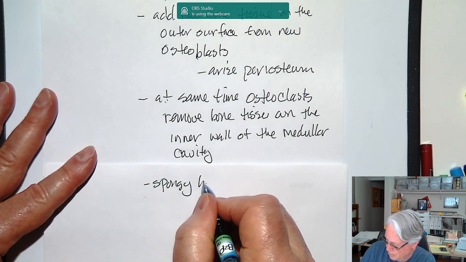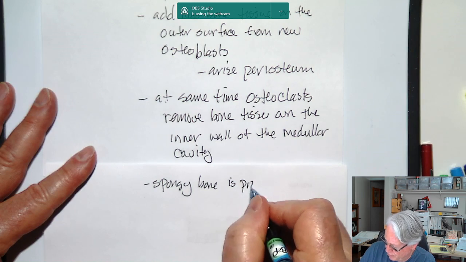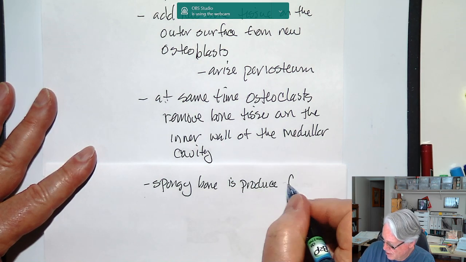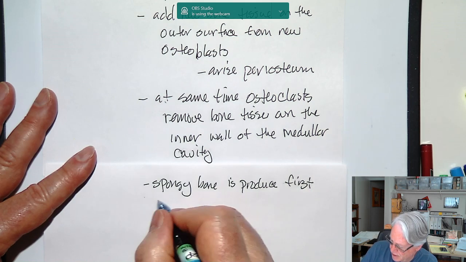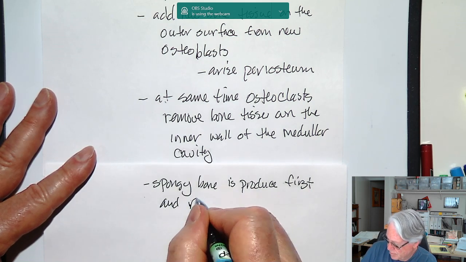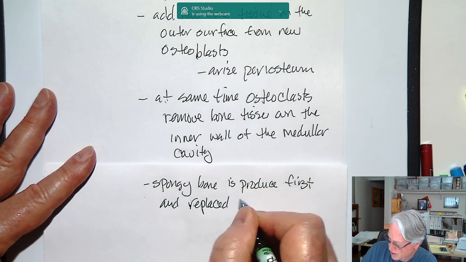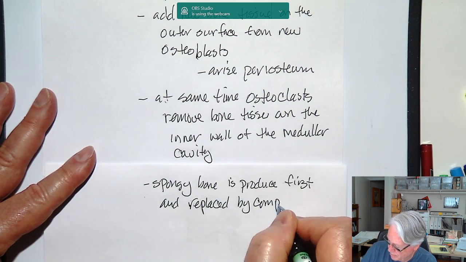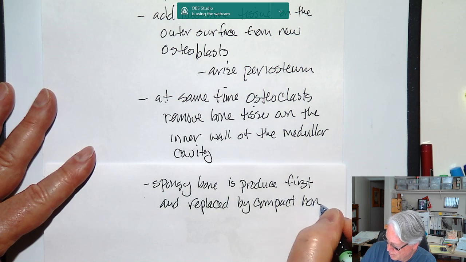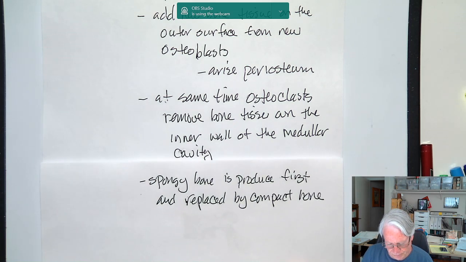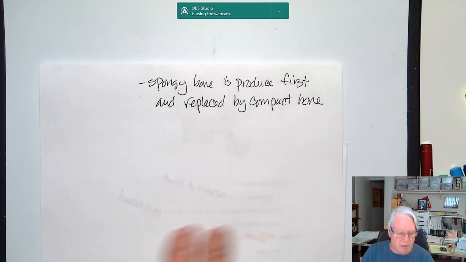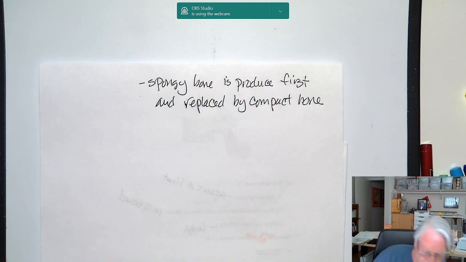Spongy bone is produced first and then replaced by compact bone. All right. And that, ladies and gentlemen, is the process by which we thicken a bone as opposed to growing its length.